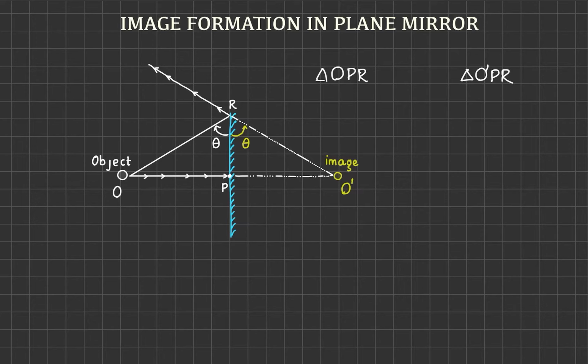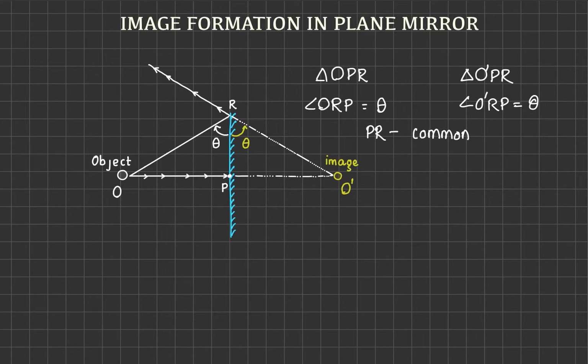If we compare these two triangles, we can see the angle ORP equals theta, and in the triangle behind the mirror, the angle O dash RP is also equal to theta. For these two triangles the line PR is a common side.